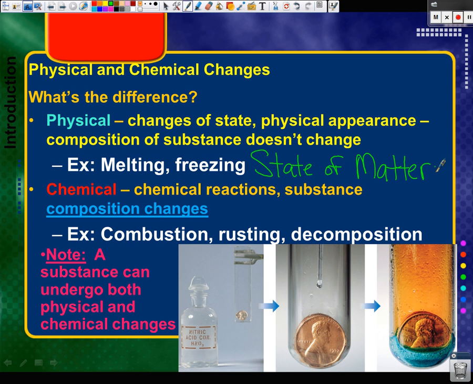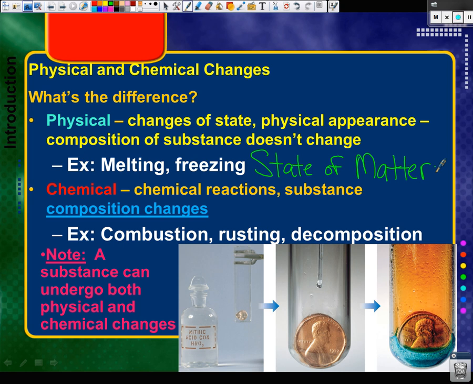It just looks different. Yes, sir. It's a physical change. Okay? I agree with you on that. And that's one of the things you have to be able to differentiate between: what's occurring versus what you see. Okay? All right. Chemical reaction: the substance's composition changes, such as combustion, such as rusting.